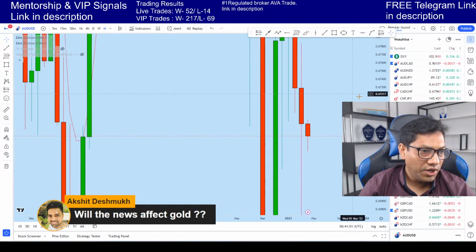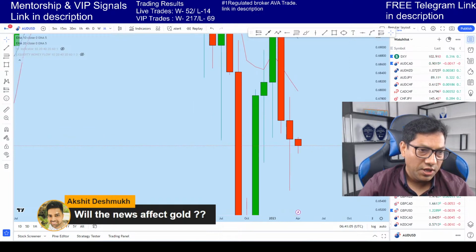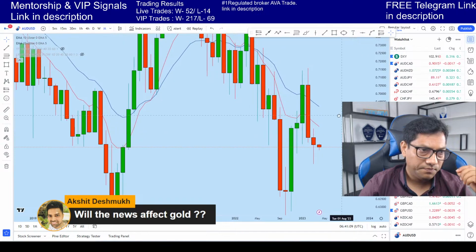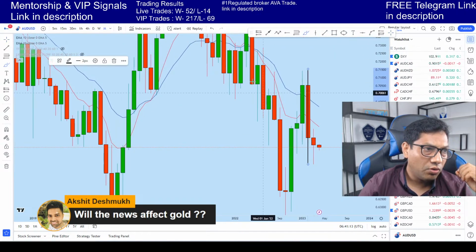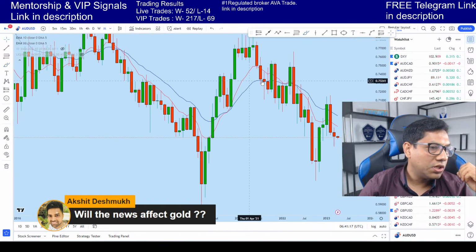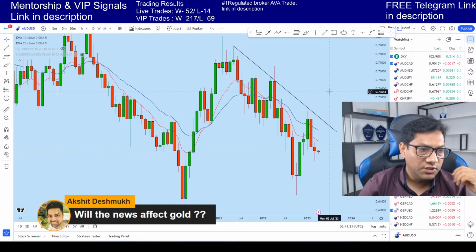Now what I will be waiting for, if you look at the monthly, we see there is a monthly doji. Doing a full multi-time frame analysis on AUD USD, there is a big long bearish engulfer on the monthly. If you look closely, you see there is a resistance here, a long-term historical bearish market structure.